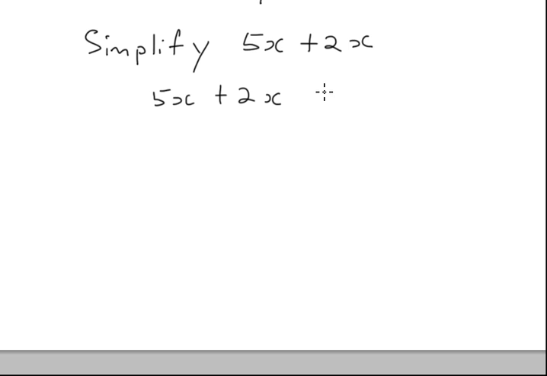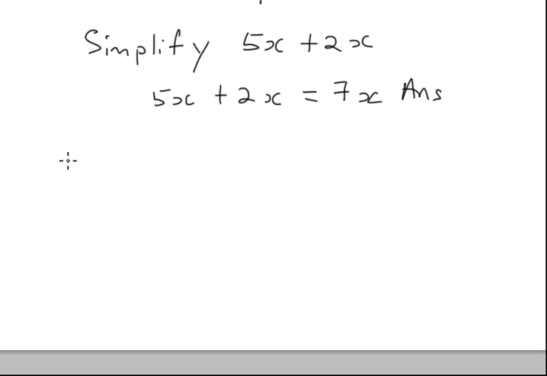You can put the equal sign here, I don't mind, or at the bottom, it's the same thing. And this is equal to 7x. This will be my answer. If they don't tell you what x is, you do not need to give a numerical value for the expression. When they say simplify, you usually leave your answer in algebraic form.